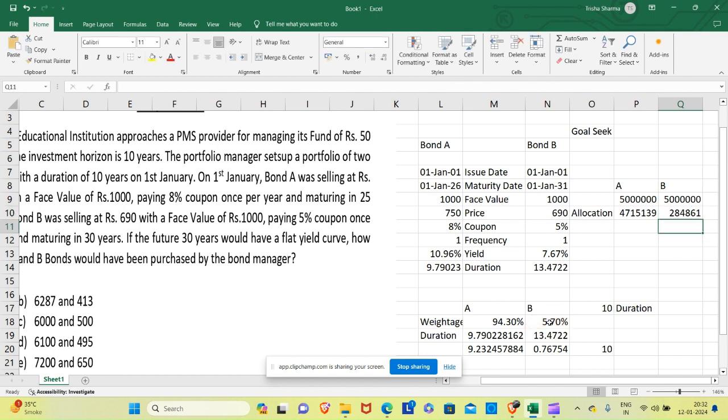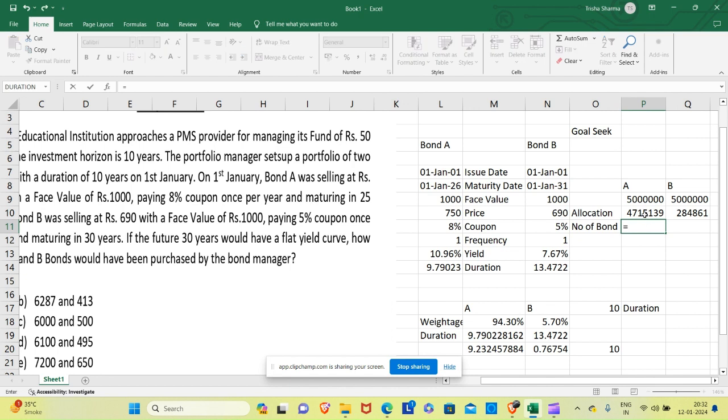Now looking at the price, we will find out the number of bonds. How many bonds are to be purchased? We will put it very simply like this. We will write this value divided by the price of the bond. So the price of the bond is this much, and you get 6286.